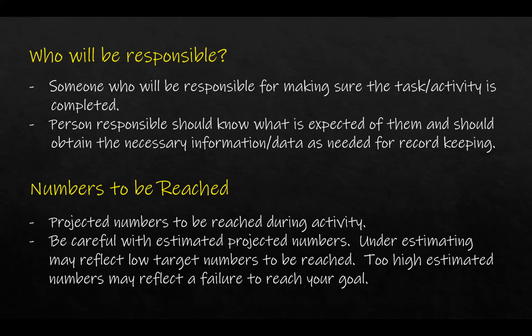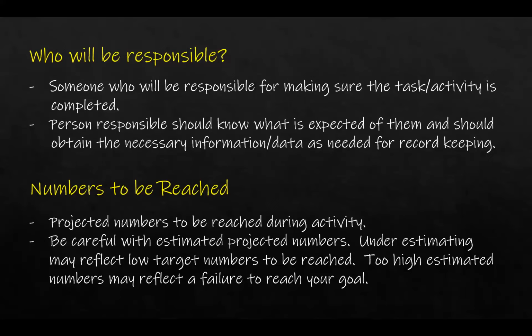Numbers reached. When you write a grant application, there's no way of knowing for sure total numbers. So it's really a projected number. So within reason, do a projection of, we hope to reach up to a certain number. I found it easier to write my projected numbers by saying up to, whether it's I'm going to provide up to 5 workshops, I'm going to reach up to 125 teachers.